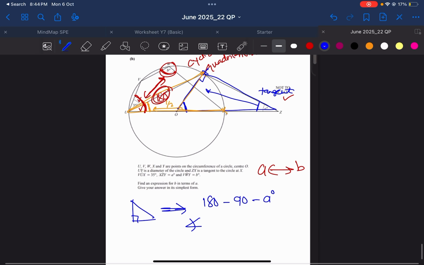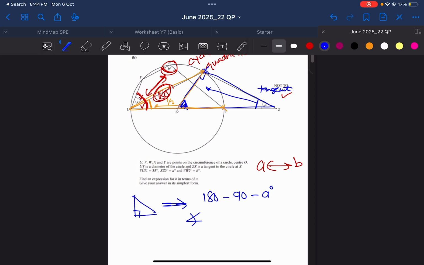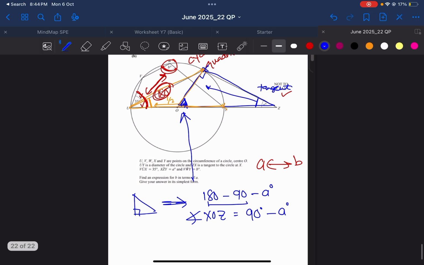Yes, XOZ. So XOZ will give me 180 minus 90, which is just 90 degrees minus A. Okay, blue done. So here is 90 minus A.